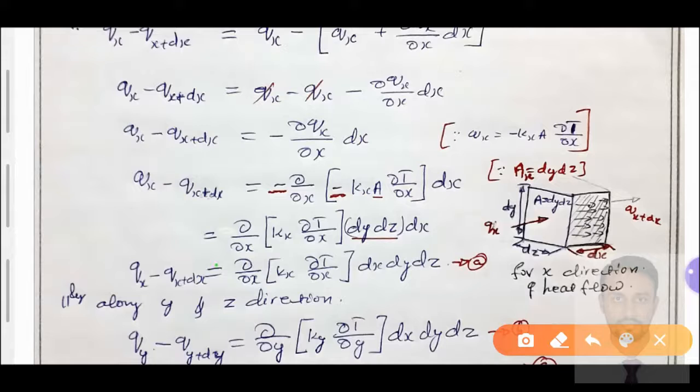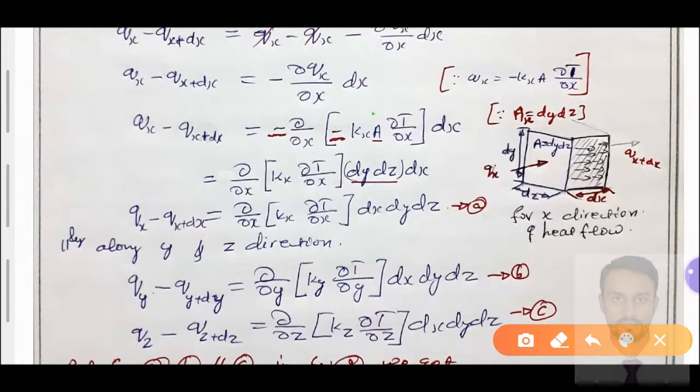Then I'll take it as d by dx, similarly kx into dT by dx. I'll take the area outside; that area equals dz and dy, where the heat inflow takes place, and heat is moving along the x direction and exiting in the same direction.